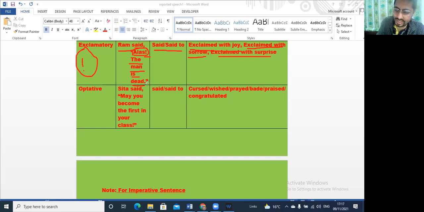Some of the words which represent surprise are wow, and in some cases it depends upon the sentence also, just like Ram said, what a big snake it is. What a big snake it is. It is a surprising matter.